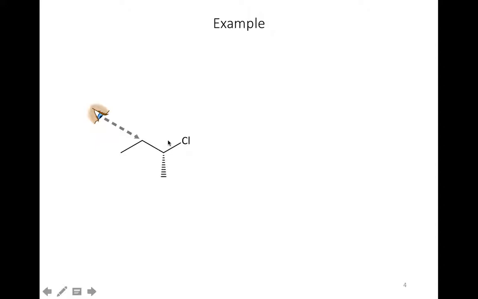So if we want to do an example of drawing a Newman projection, so we're looking down this bond. And so on the front carbon, we're going to have a methyl group coming down, and then the other two groups are hydrogens. And then on the back carbon, I've got a chlorine going straight up, I've got a methyl going down into the left, and I'll have a hydrogen going down into the right.